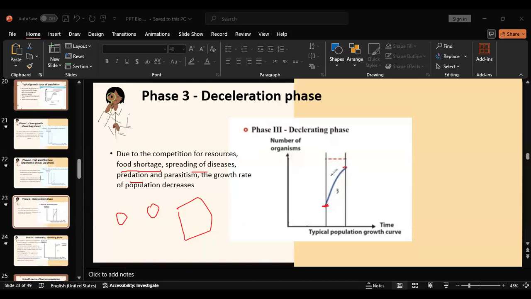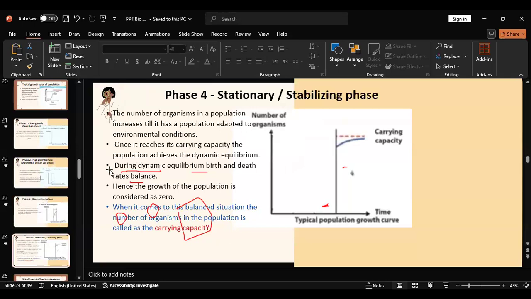Okay, right. The next one, what will happen? Let's see the fourth phase, the last one. Phase 4, the stationary or stabilizing phase, right?